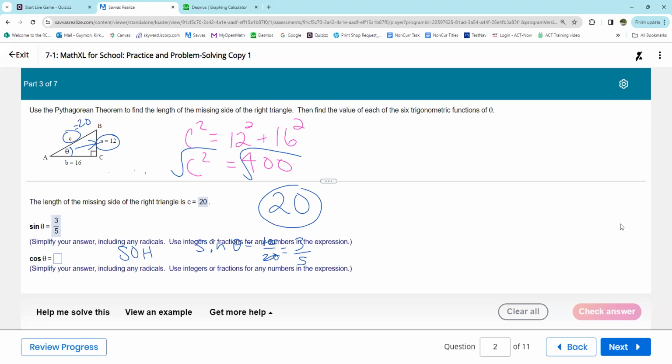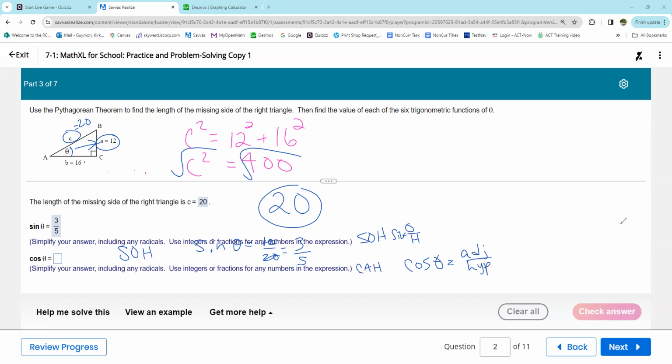Cosine. This was opposite over hypotenuse for sine. Here we've got cosine of my angle theta equals adjacent over hypotenuse.